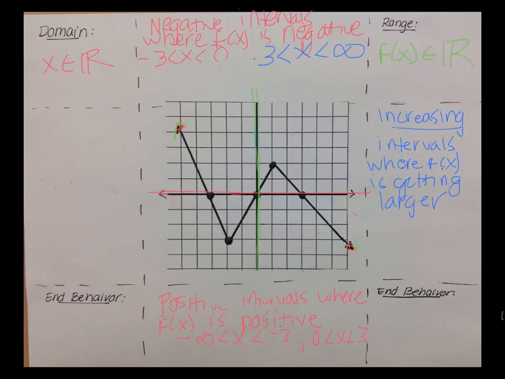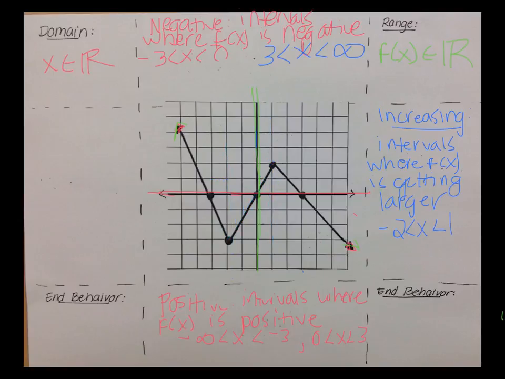If I follow this roller coaster ride, I'm starting off by going downhill, so my f of x values are getting smaller. Then I'm going uphill, so here my f of x values are increasing. Again, when we refer to the interval though, we use the x values. So we're looking at the x values from here all the way up until here, because this is the values where f of x is getting larger. So that's from x being -2 up into x being 1. So from -2 until 1, the function is getting larger or increasing.